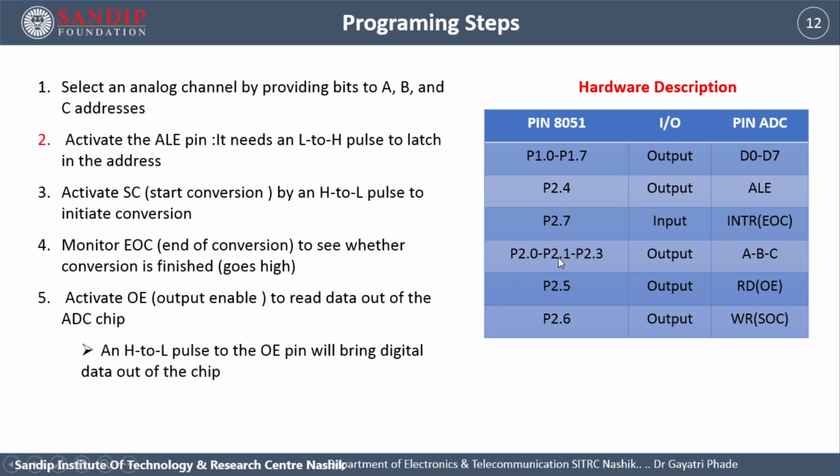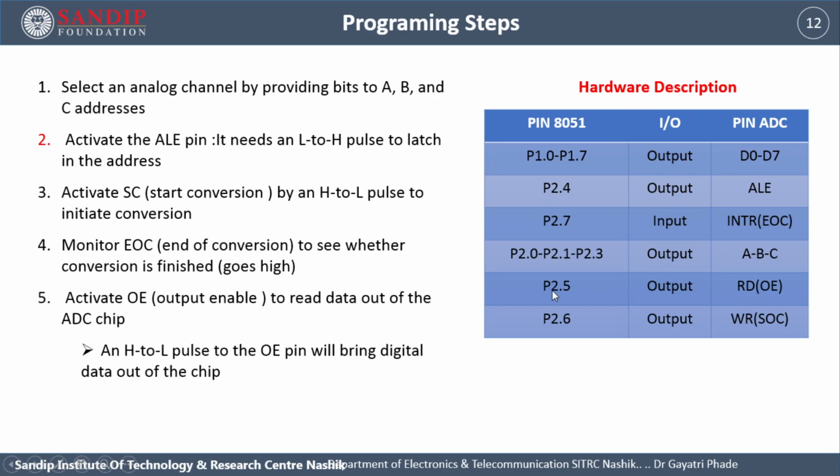Pins 2.0, 2.1 and 2.3 will be used for channel selection. They will be connected to the pins A, B, C of the ADC, which are used for channel selection. Next, P2.5 will be an output pin.